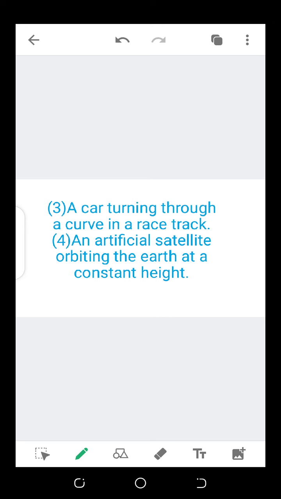Now, that car that is negotiating that bend is just turning through a curve. We can take a roundabout, because that is what most of you are used to. So that is a curve, and the vehicle, we say it's moving in a circular path, and that is circular motion.